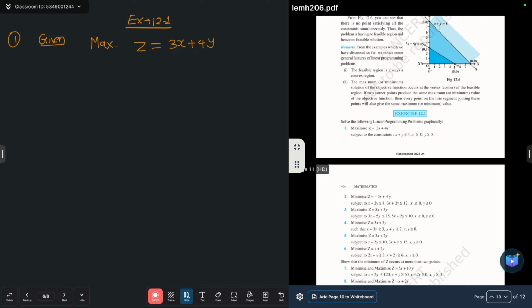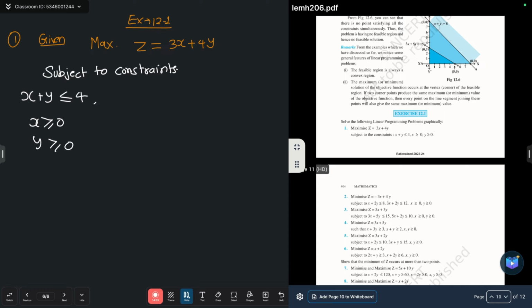What are the constraints? First constraint is x plus y less or equals to 4, comma, x greater or equals to 0, y greater or equals to 0.